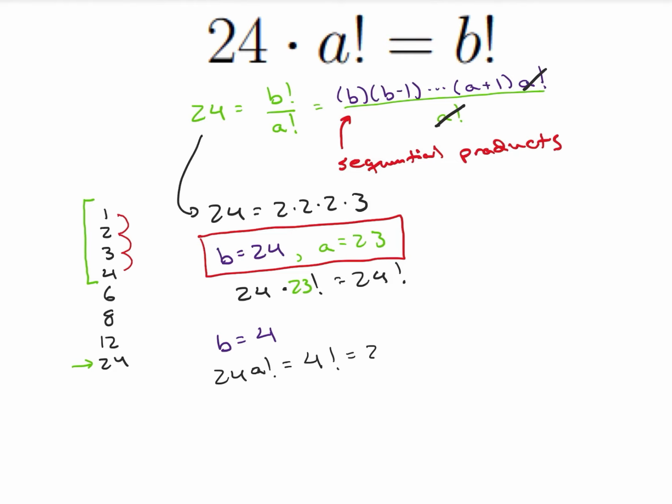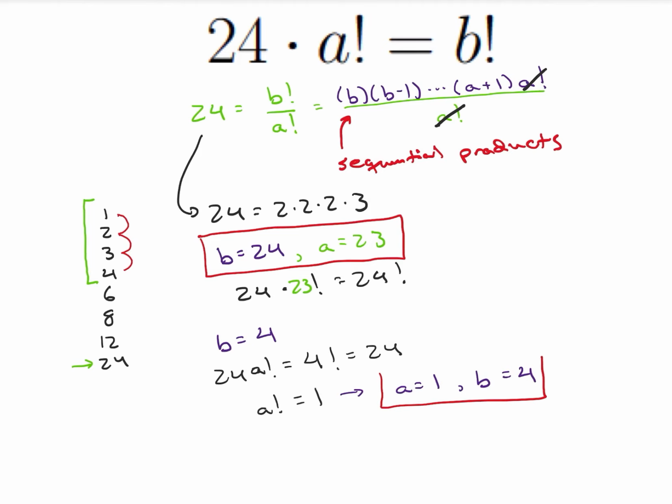But 4 factorial is just equal to 24. So I would need a factorial to equal 1. When is that going to be true? A factorial is equal to 1 when a is equal to 1. So one solution here is a equals 1 and b equals 4.